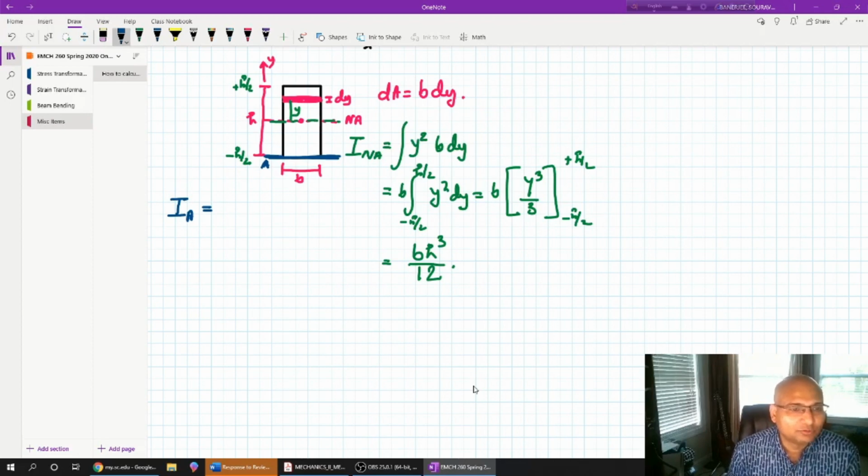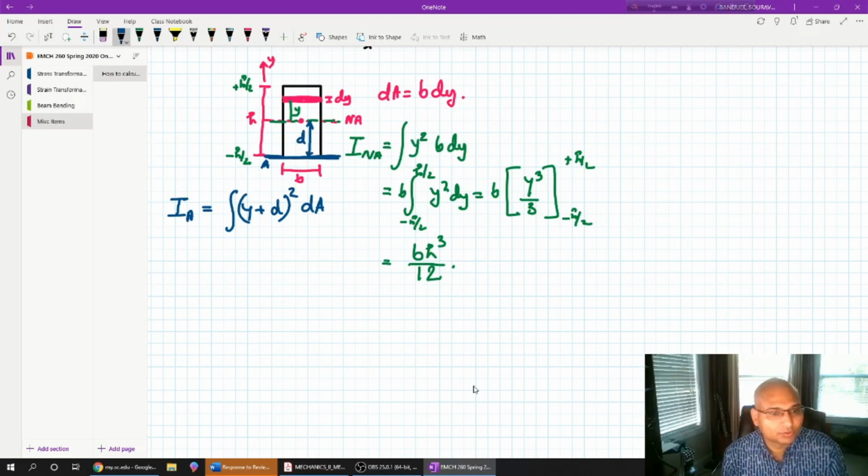Then how do I find the moment of inertia? It is the integral of y plus d whole square into dA, where d is the distance between the axes.